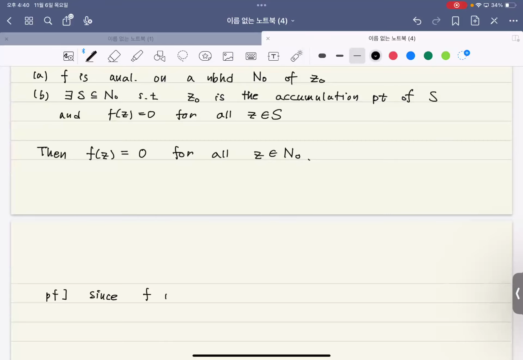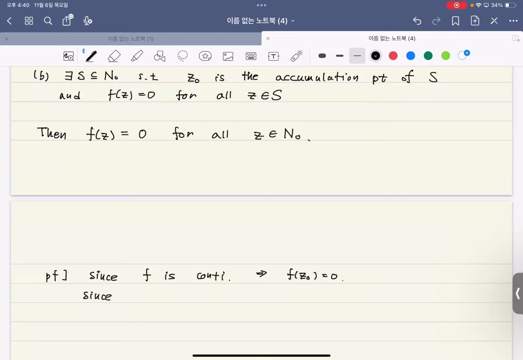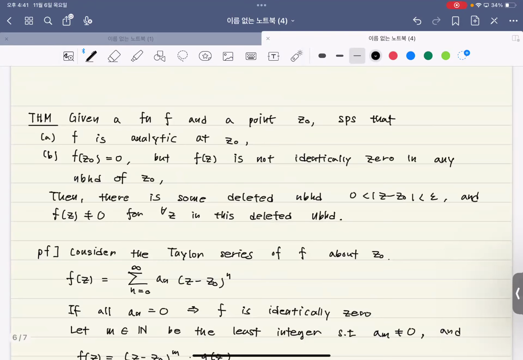Since f is continuous, f of z0 must be 0. And since z0 is an accumulation point of S, z0 is not an isolated zero, right? Now let me go back to the previous theorem.